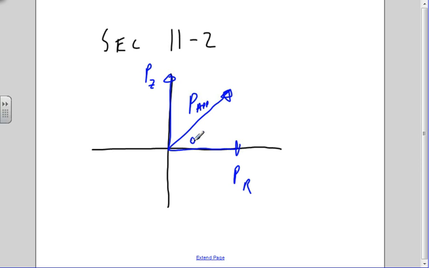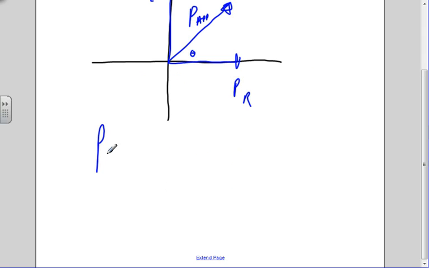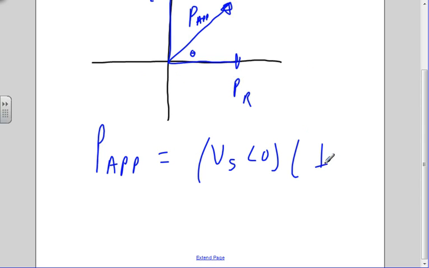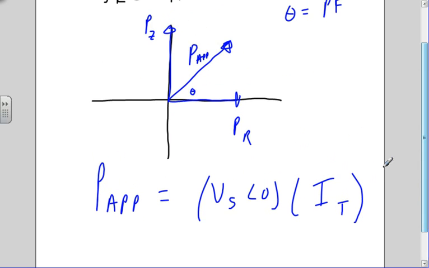The angle theta is my power factor. Freaking symbols are killing me. And apparent power is going to be equal to the source voltage times the total current.